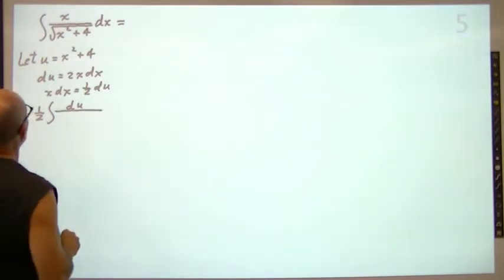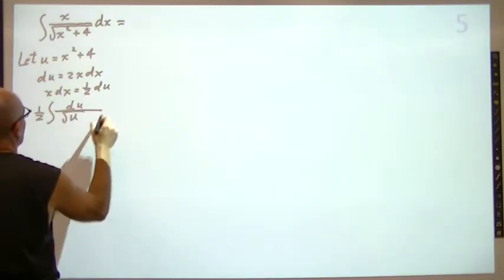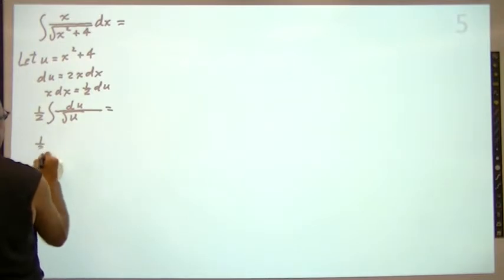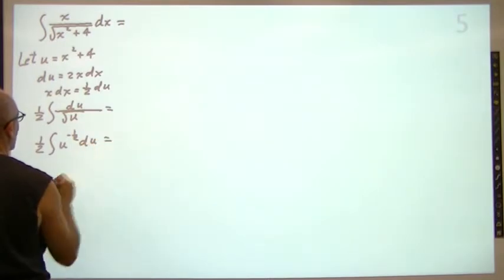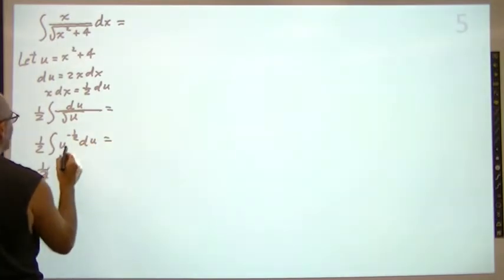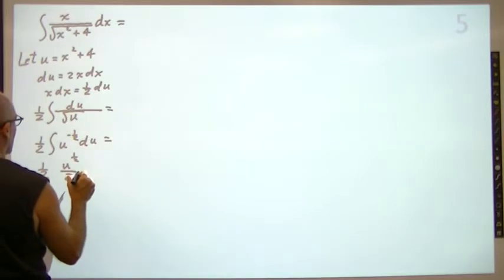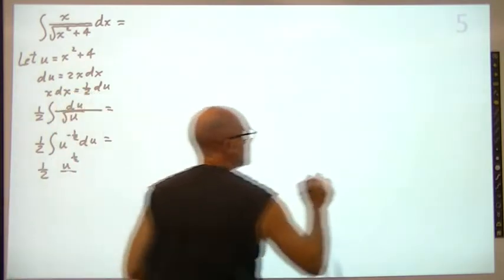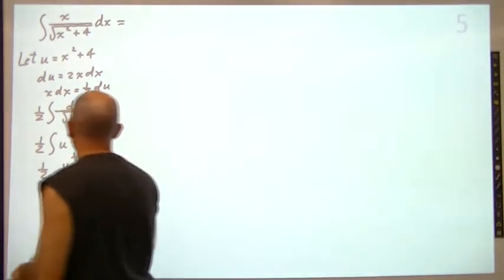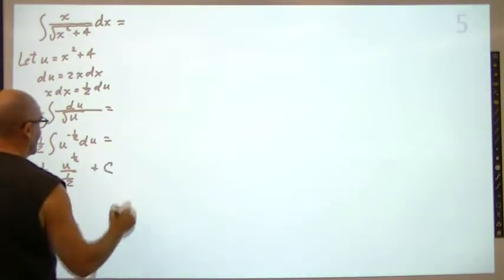And on the bottom we have the square root of x squared plus 4, which is just the square root of u. Okay, so that equals 1/2 integral of u to the negative 1/2 du, which equals 1/2 times u to the positive 1/2 over 1/2, plus c.